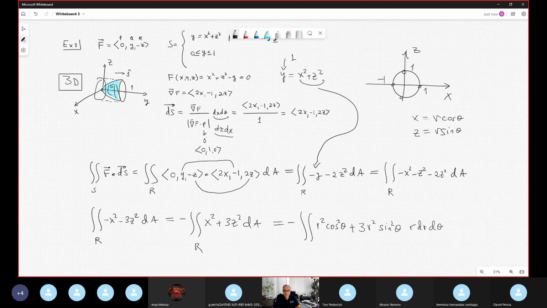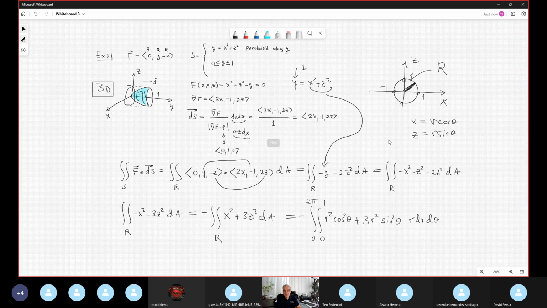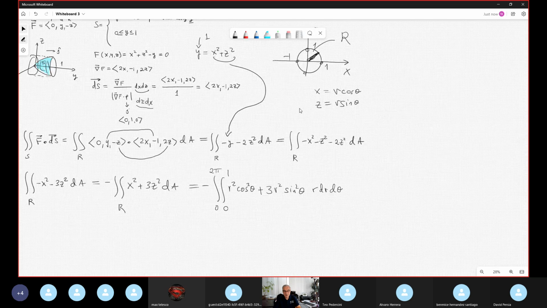So in our region R, the radius goes from 0 to 1, and theta goes from 0 to 5. Okay. No big deal. It's acceptable. The answer is minus pi.